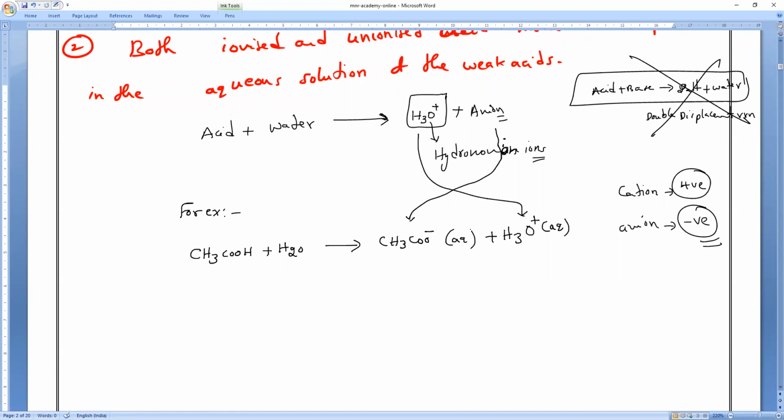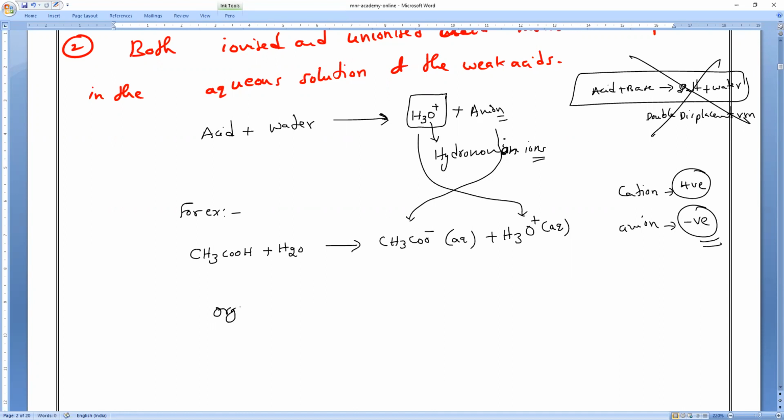In weak acids, both ionized and unionized molecules are present in the aqueous solution. That is how ions form when weak acids dissolve in water. Generally, organic acids or carboxylic acids are examples of weak acids.